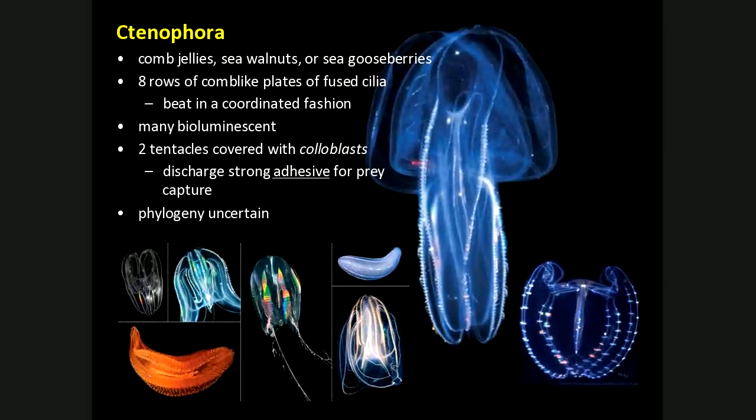These organisms, in a really bizarre kind of convergent evolution, don't have these stingy tentacles. They have tentacles that are covered with things called colloblasts, and colloblasts secrete a discharge, so they stick to their prey. So rather than stinging them like the cnidarians, these guys gather their prey up by these sticky arms.